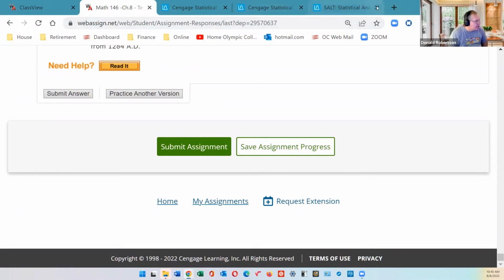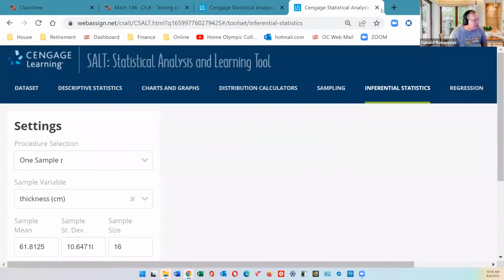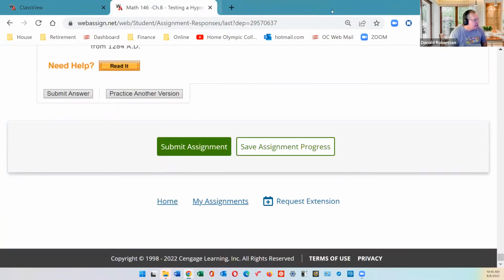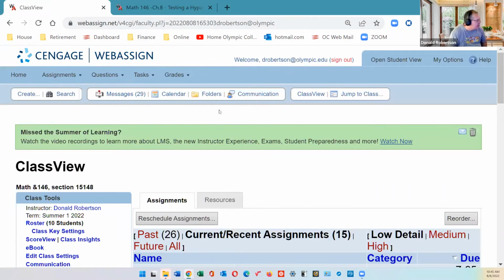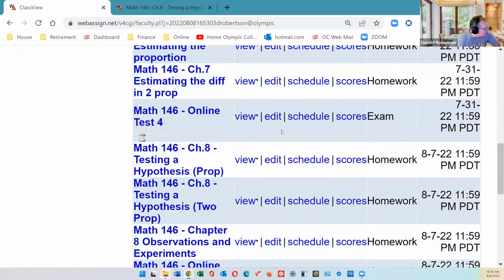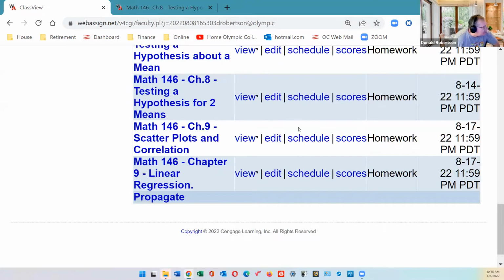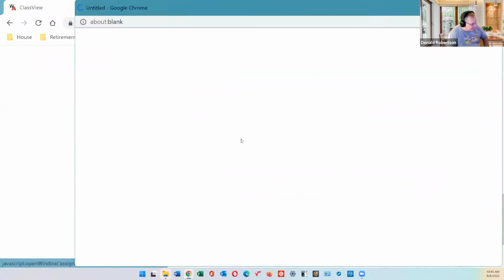Okay, then we are ready to close off a load of windows now to start the last section on, darn it, I've lost my thought process. Our last section on hypothesis testing, which is hypothesis testing for two means.